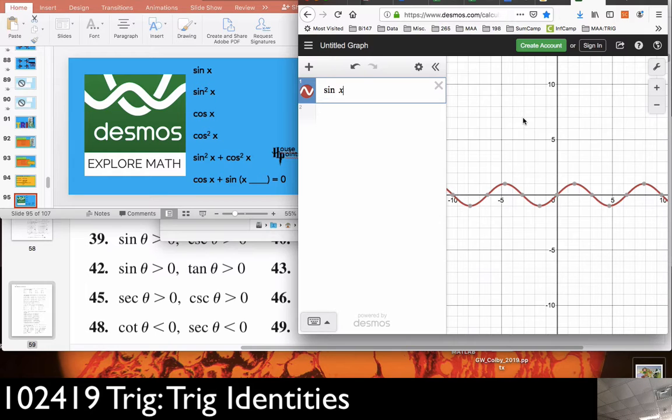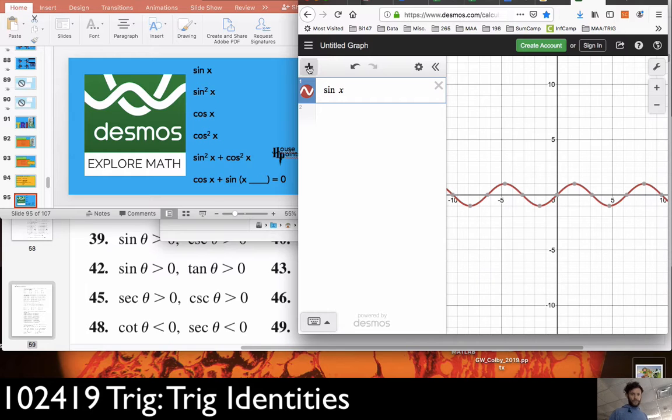You've given me almost everything. You've given me the amplitude, which is 1, and the last thing is the wavelength. It's 2 pi. So this would be pi, or 180 degrees, and this would be 2 pi. All right, so that's the sine function.